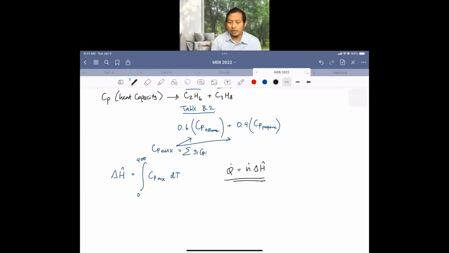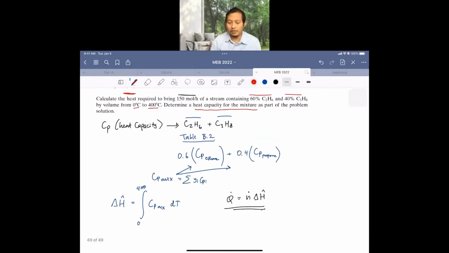And of course, what's the basis of all these assumptions, that we assume that it's ideal gas, or you can say close to ideal, that we can justify our calculations to be correct.